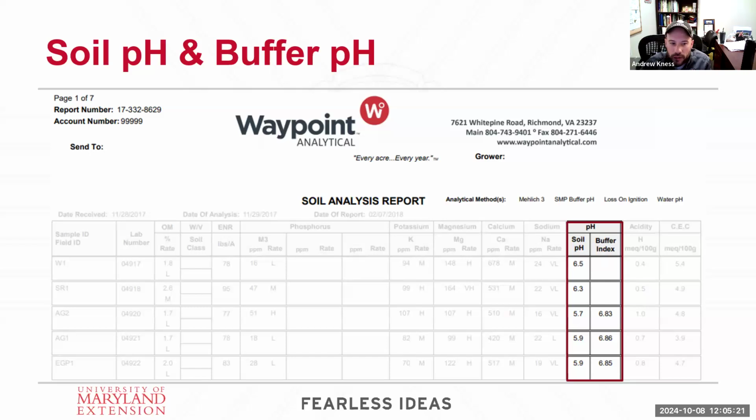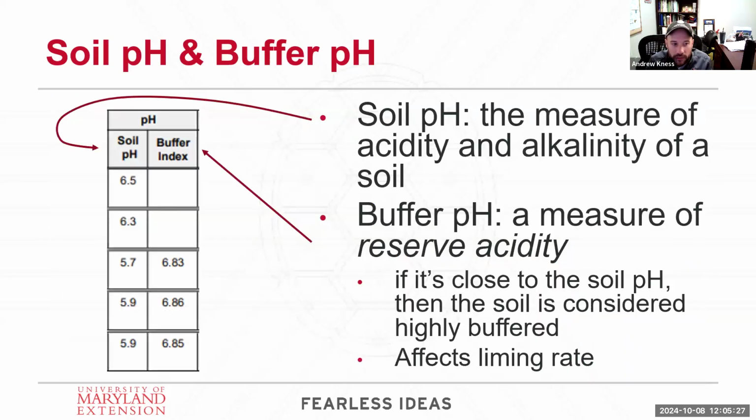I want to know where the soil pH range is. So what is soil pH? Simply put, soil pH is the measure of the acidity or alkalinity of your soil. Specifically, what we're measuring is the concentration of hydrogen ions in your soil solution, the soil water.